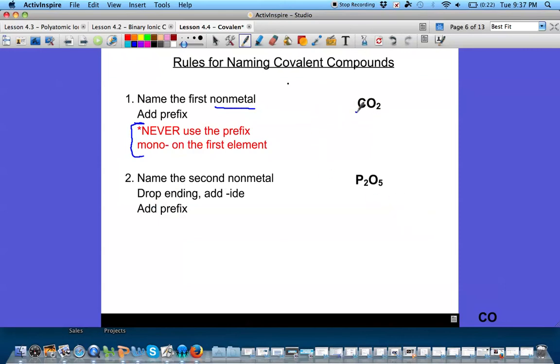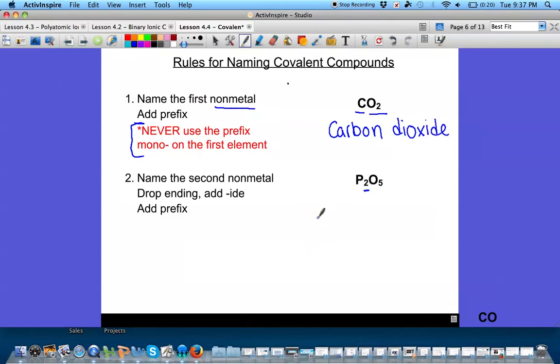So we have a couple examples here. CO2, my first nonmetal, C, is carbon. I only have one, but I'm not going to use the prefix mono because it's the first element. And then O2, so my prefix for 2 is di, and it's oxygen. Change the ending to "-ide", so dioxide. And then we have P2O5.